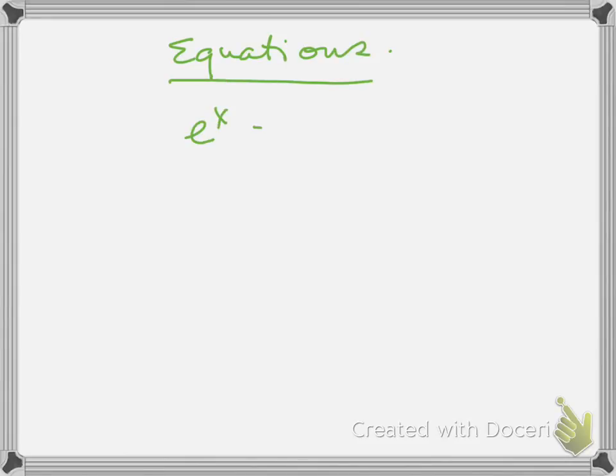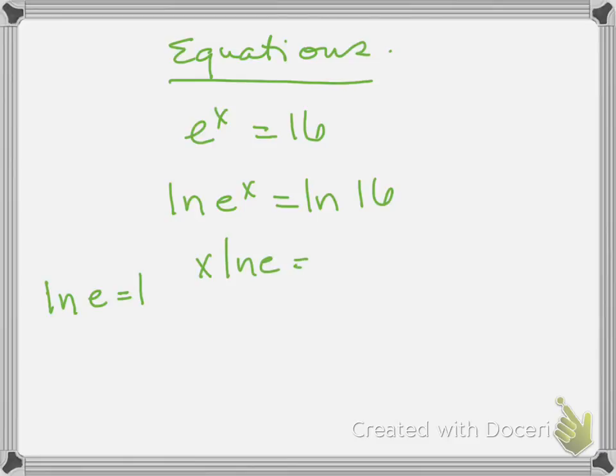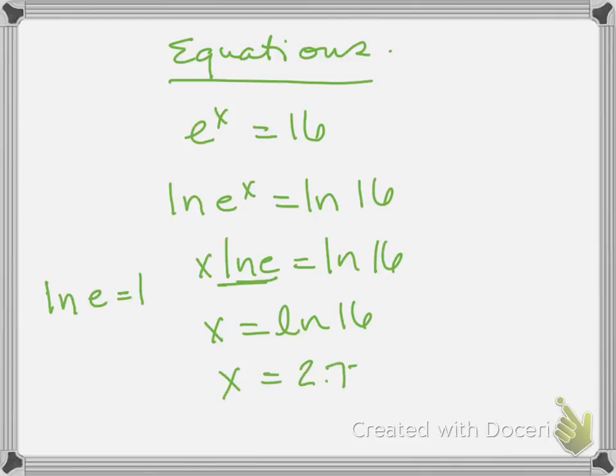So what about natural log equations? You're just going to use e to the x. If e to the x is equal to 16, we take the natural log of both sides, becomes x ln e, right? The natural log of e is equal to 1. Remember that is log base e of e.